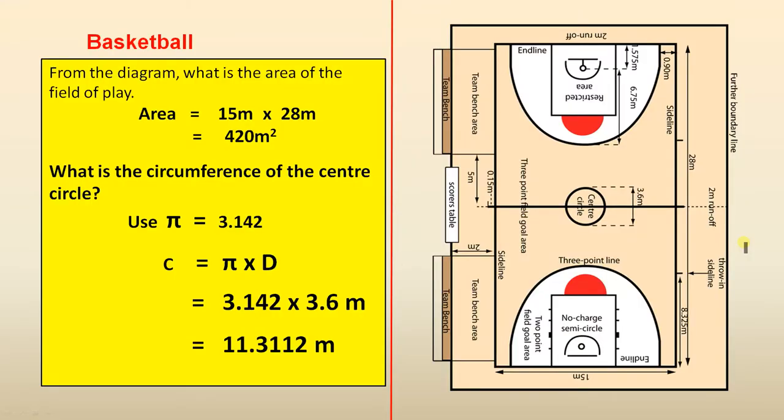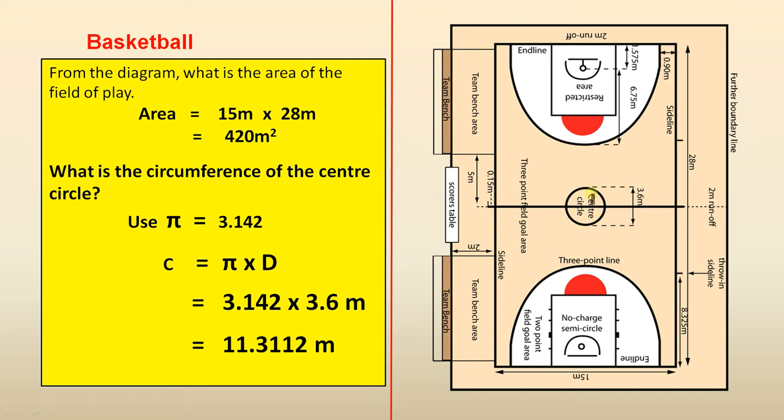Here's a problem involving a basketball court. From the diagram, what is the area of the field of play? The area is 15 metres by 28 metres. So there's 15 metres width, 28 metres in length. So the answer is 420 square metres. Another question, what is the circumference of the centre circle?